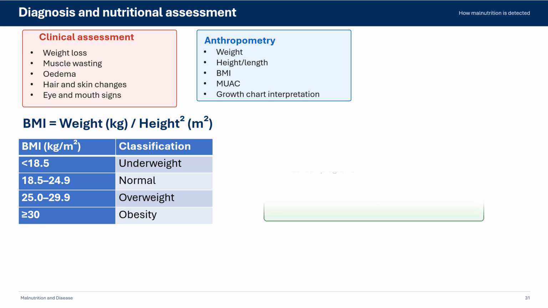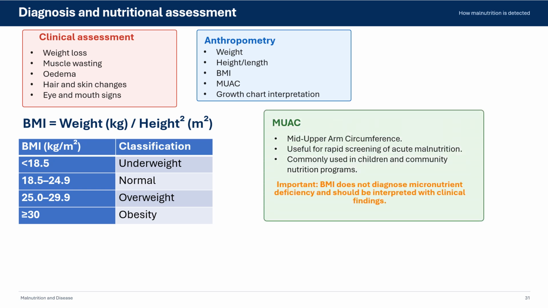There is also mid-upper arm circumference measurement. Mid-upper arm circumference measurement is usually useful for rapid screening of acute malnutrition. So it is commonly used in children and community nutrition programs.